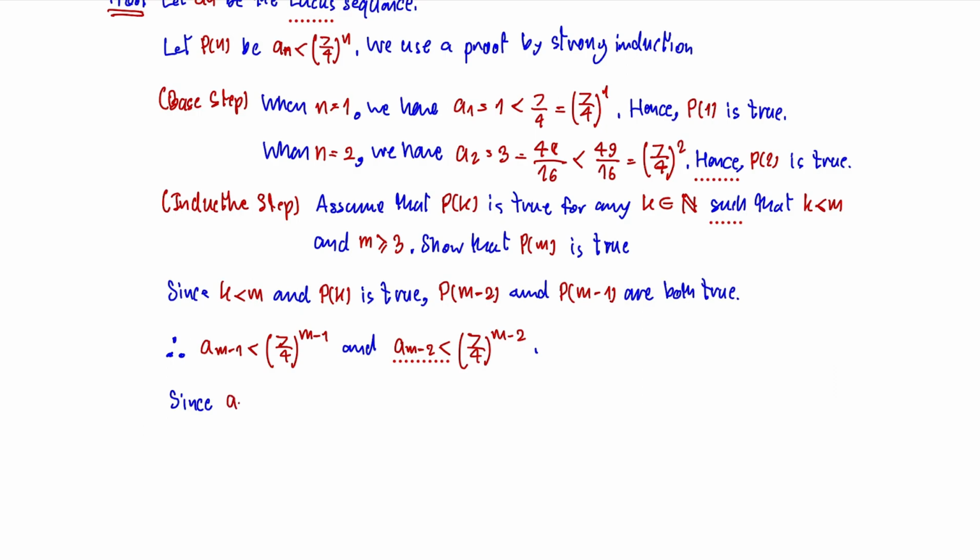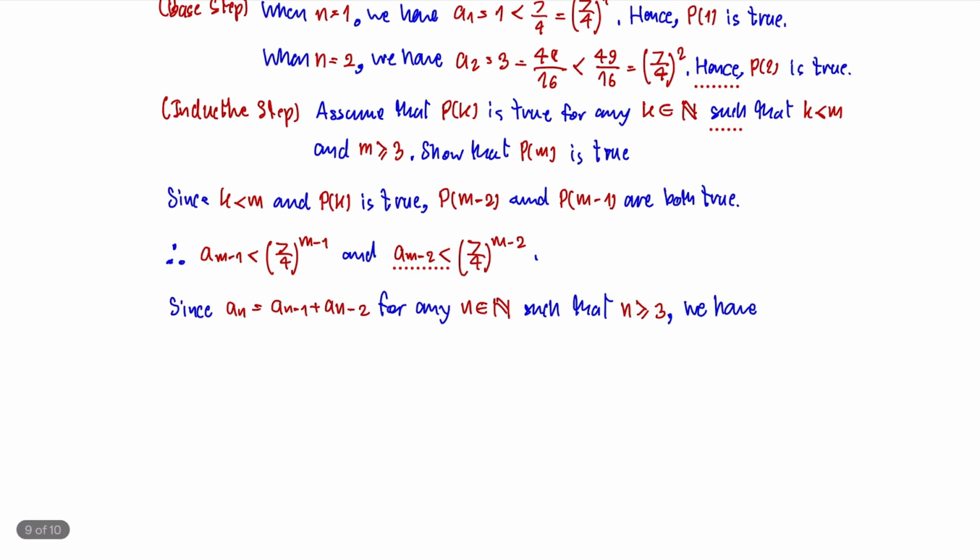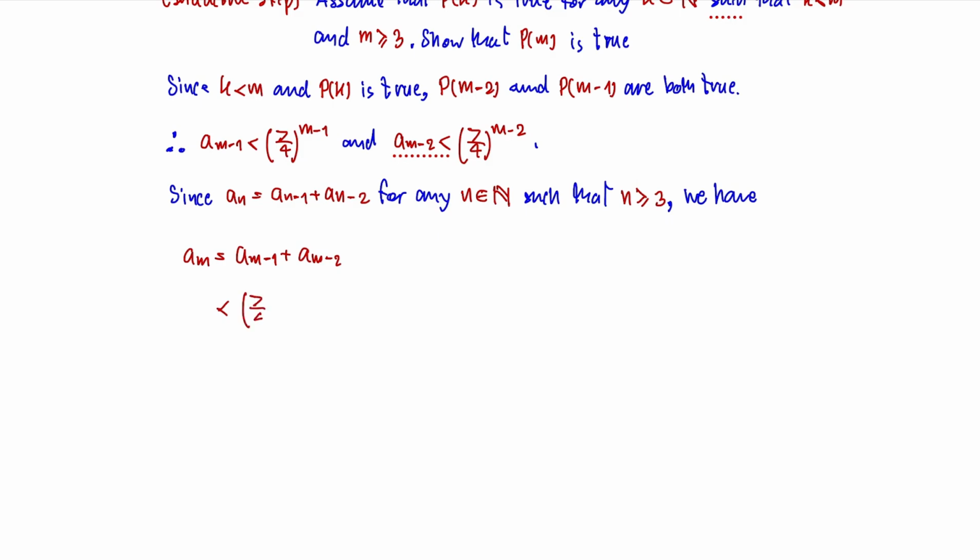Since the Lucas sequence is obtained by the sum of the two previous terms for any positive integer n such that n is greater than or equal to 3, we're going to have a_m, which is the sum of the two previous terms, a_(m-1) plus a_(m-2). And a_(m-1) is less than this term, so we have less than (7/4) raised to the m minus 1 plus (7/4) raised to the m minus 2.